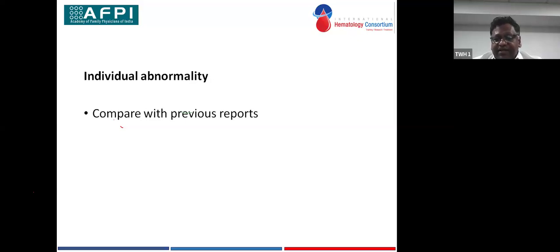Why don't you send? And when I looked at all the reports, it turned out that 2 weeks before, the patient had had a surgery. Fortunately for us, there was a pre-operative CBC which was normal. Now, a major disease like ET, essential thrombocytosis, cannot happen in 2 weeks.